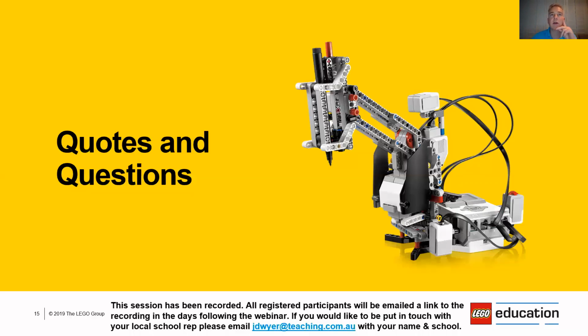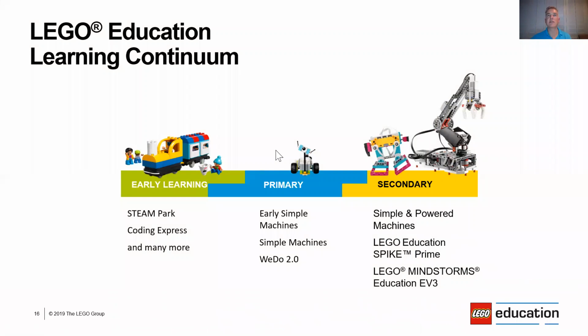What age groups is EV3 suitable for? Can it be used in upper primary? Yes, it can. I'll just show you the next slide as well. On this slide, it shows you the continuum, from early learning. Then we sit around grades 3 and 4, and then you move into grade 5 and up. Spike Prime is introduced because some people found the EV3 a bit intimidating, and Spike Prime is really built around making it easy to get started, giving kids confidence.